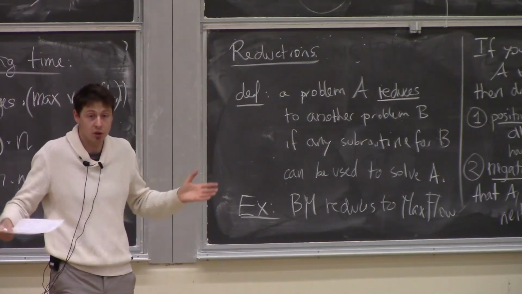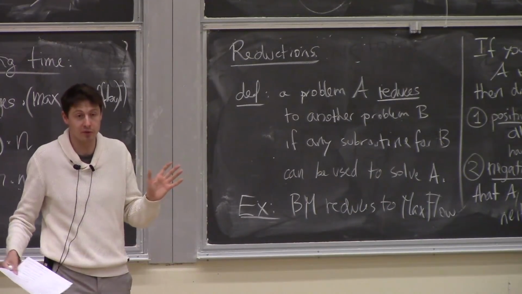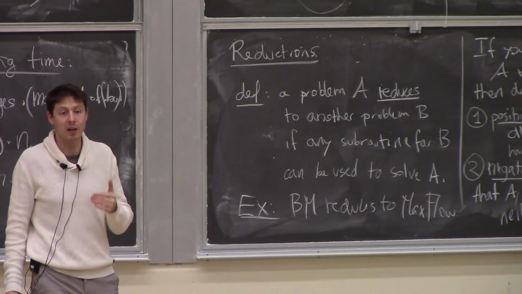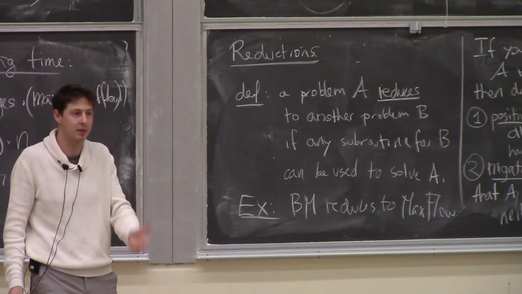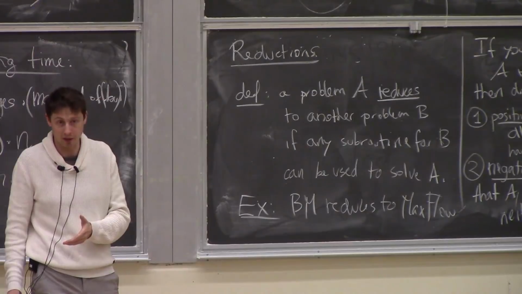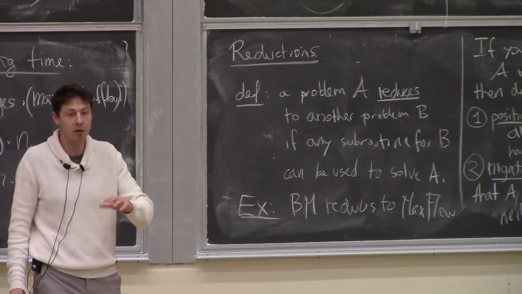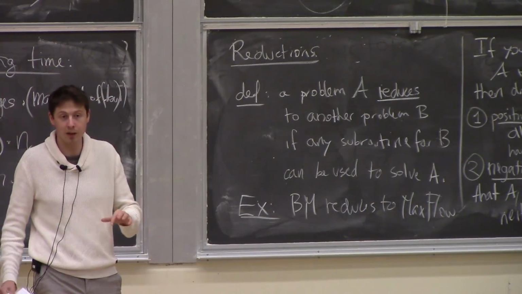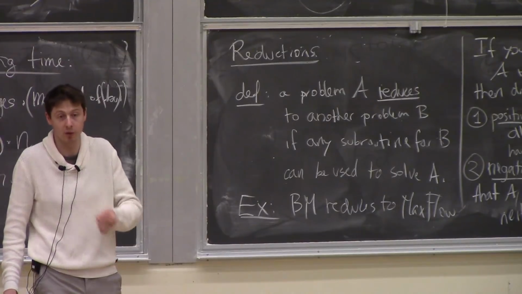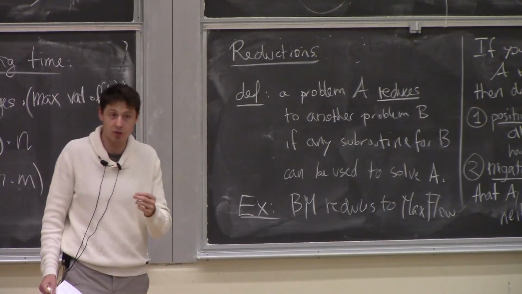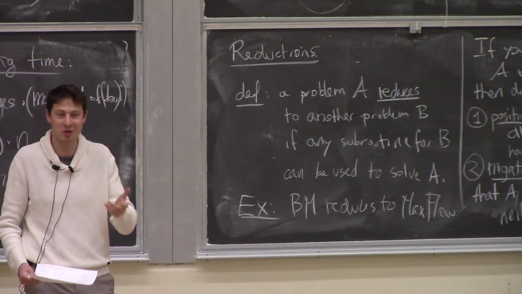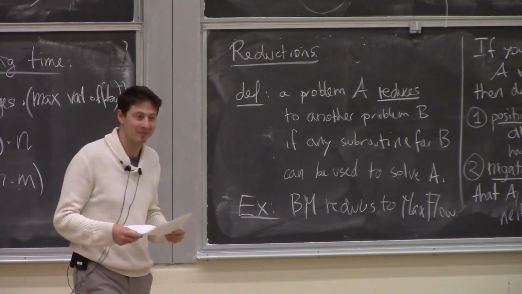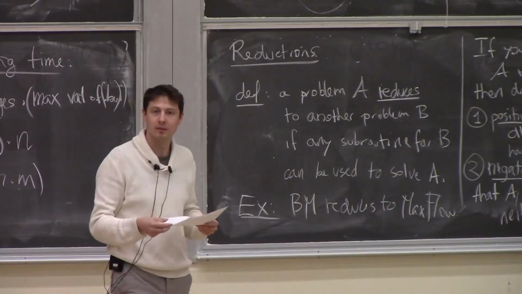But if you just show that A reduces to B, all you have learned so far is that a lack of algorithm for A carries to a lack of algorithm for B, because if you had an algorithm for B, then you would have an algorithm for A. If you want to learn the opposite, then you should figure out a way to reduce B to A. So get your directions straight. Fortunately, there's only two directions, so you can check which one is the correct one.